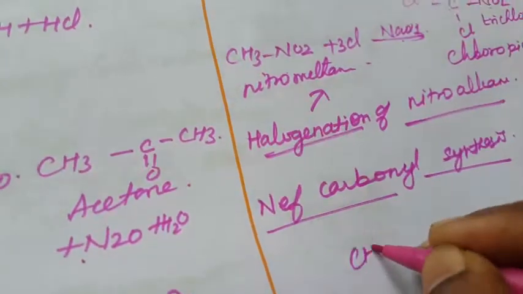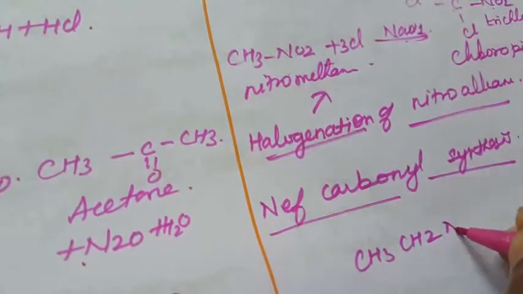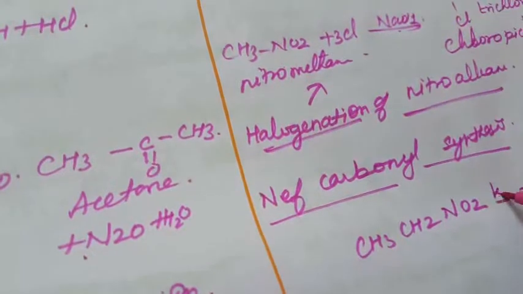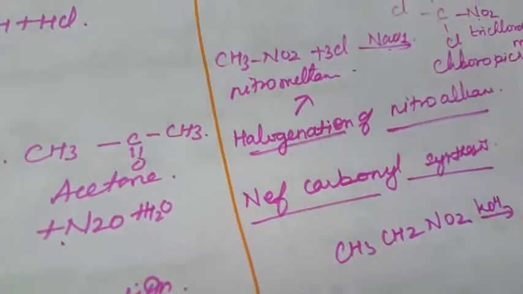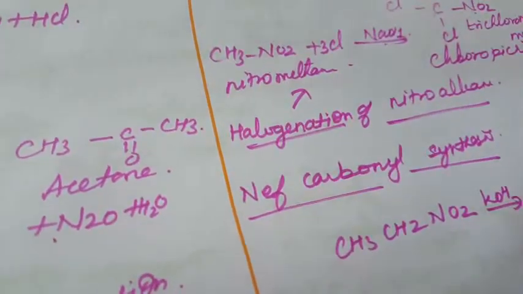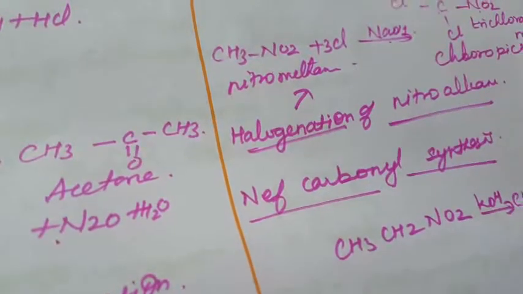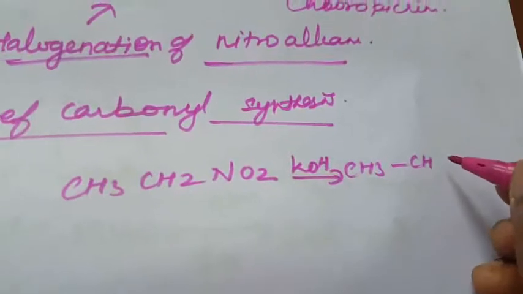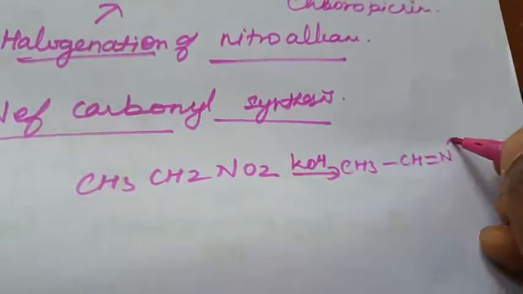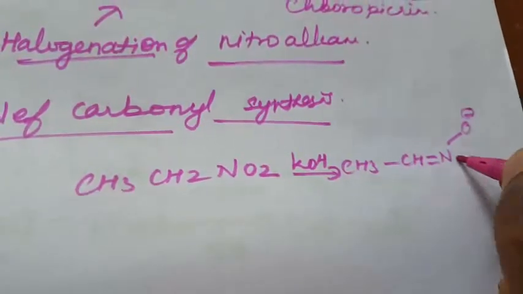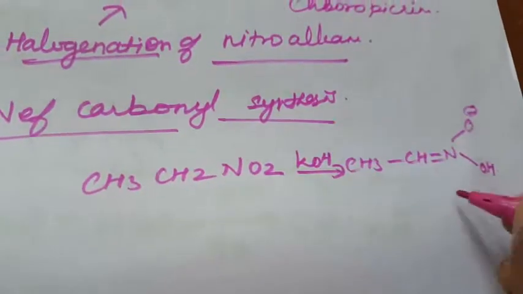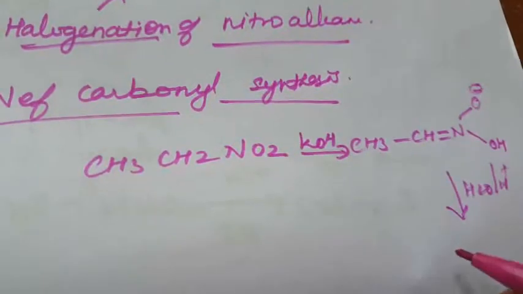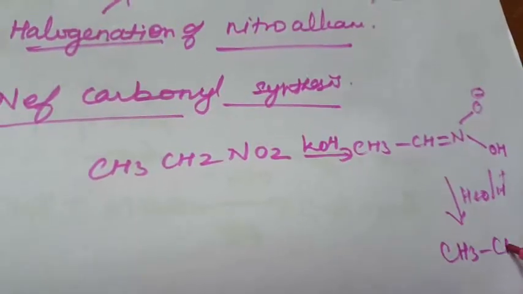Again CH3 CH2 NO2, nitroethane, put in the presence of alcoholic KOH, and another one is CH3 CH, then double bond N here minus OH. Okay, then again hydrolysis to form the CH3 CHO.